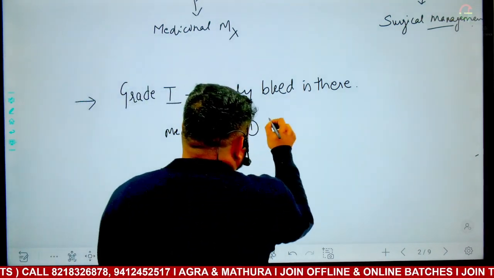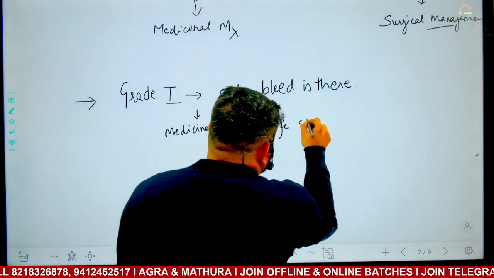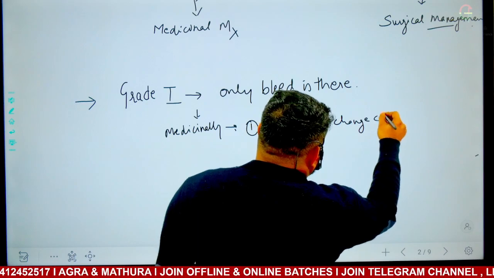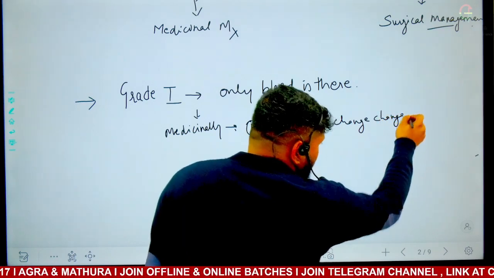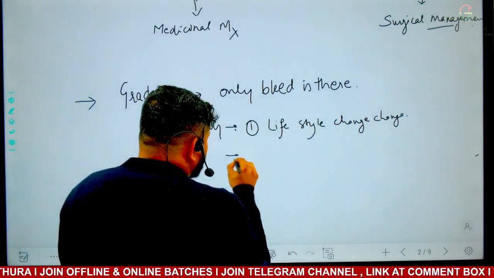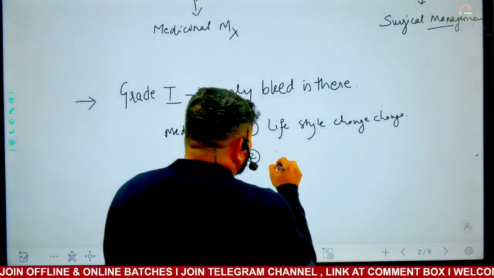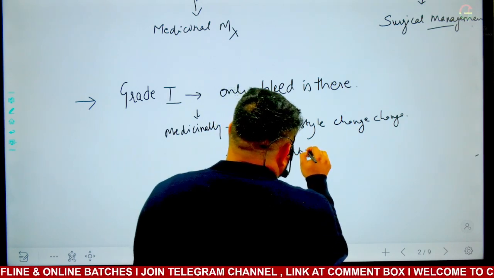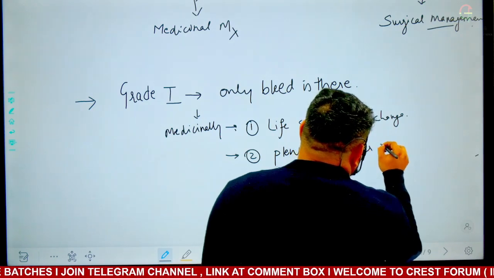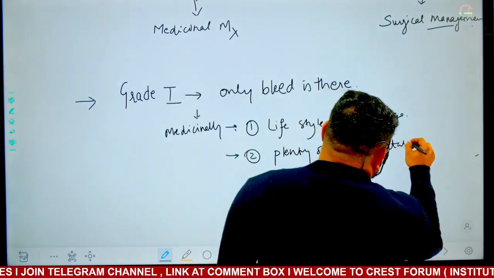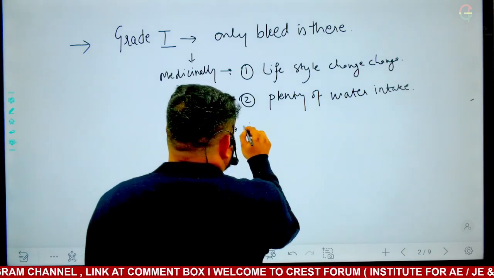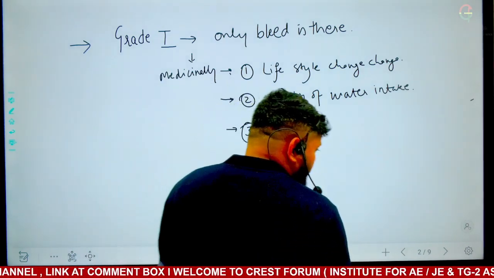What will be the management for this? Very first, lifestyle change. Second, plenty of water intake, to avoid constipation.